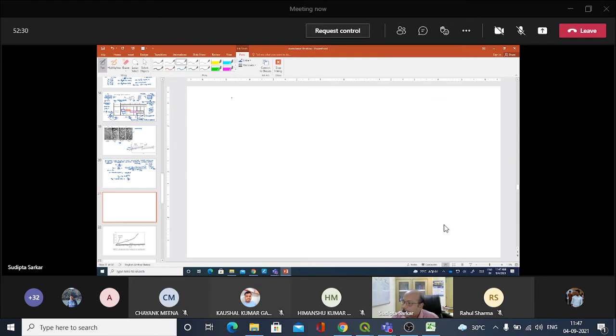We have a membrane, an MF membrane. Flux values were measured.